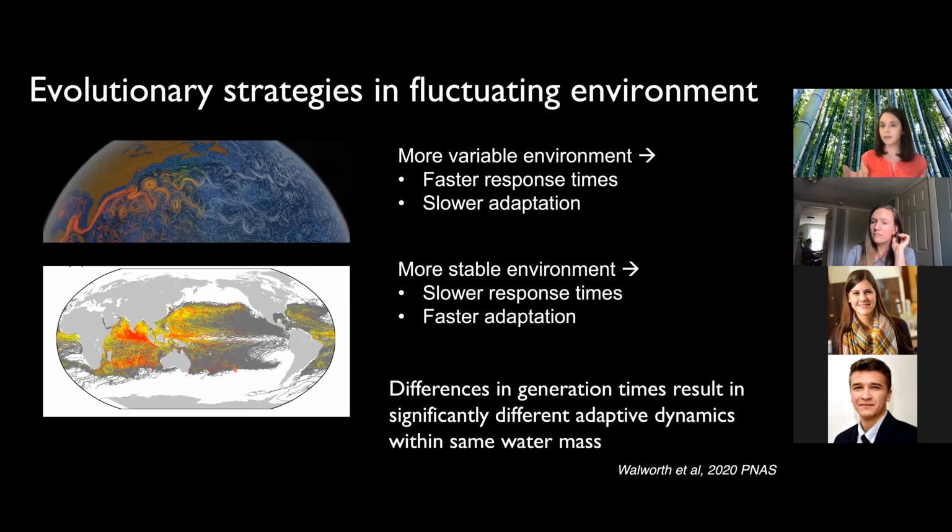So having more of these potential epigenetic type mechanisms, they take longer to actually adapt to the new environment because they're seeing a lot of fluctuations. Whereas organisms that see much more stable environments, we would expect to have slower response times, so less of these epigenetic type modifications, but potentially could adapt faster, having positive genetic mutations fixed in the population more quickly.